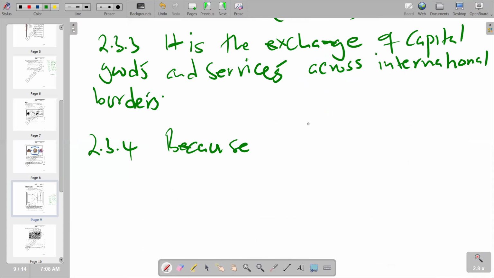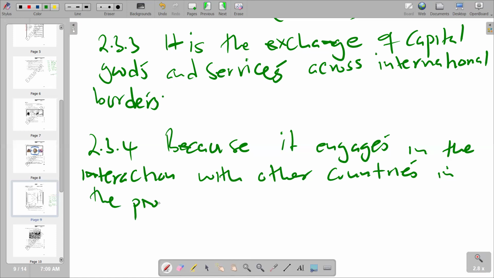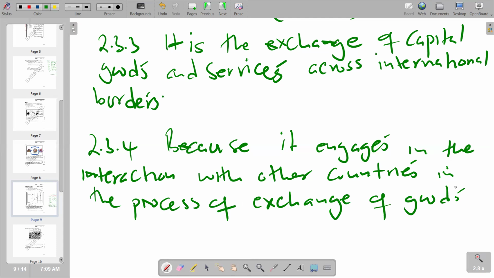Because it engages in the interaction with other countries in the process of exchange of goods and services.